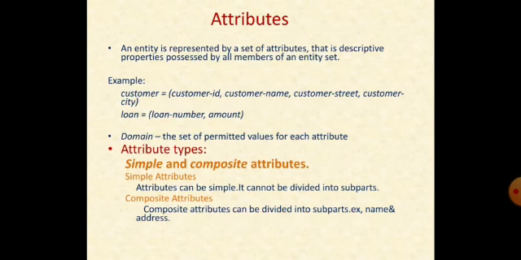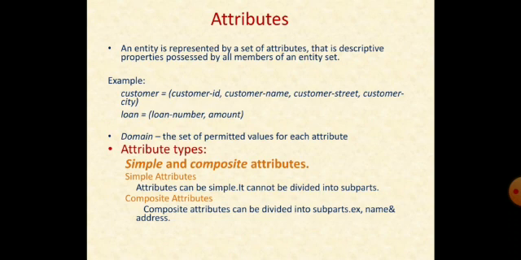Customer ID, customer name, customer street, and customer city are all attributes of the entity set customer. Similarly, loan is an entity set that has the attributes loan number and amount. The attributes can have various types.